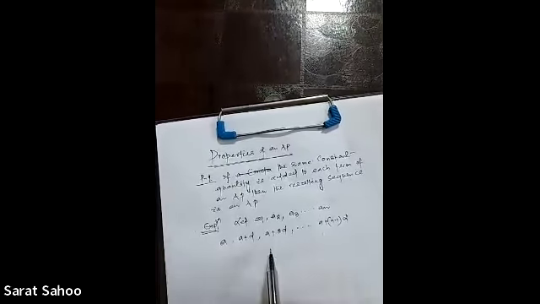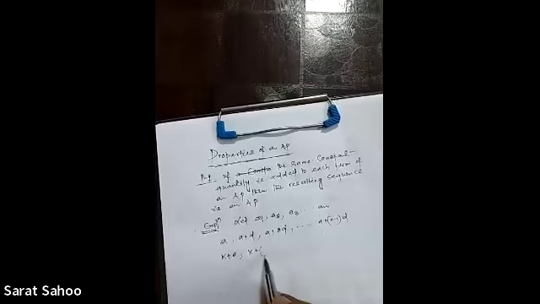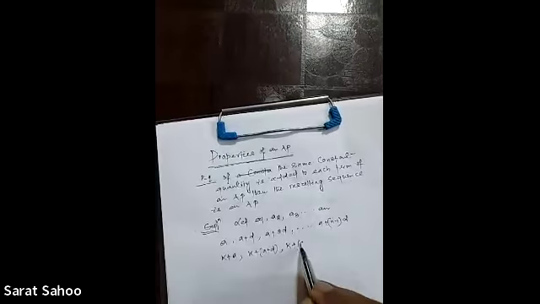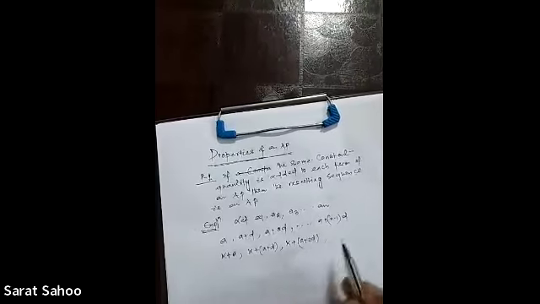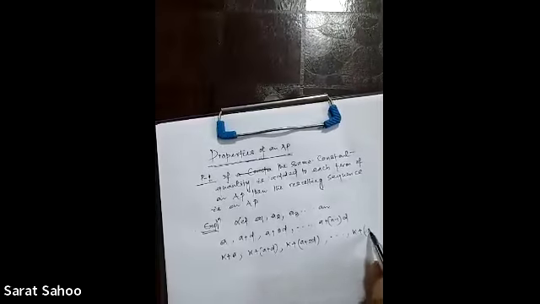Now add same constant quantity K to each term of the sequence. It will be K plus A. Then second term will be K plus A plus D. Third term will be K plus A plus 2D. And the last term, that is the nth term, will be K plus A plus N minus 1 into D.